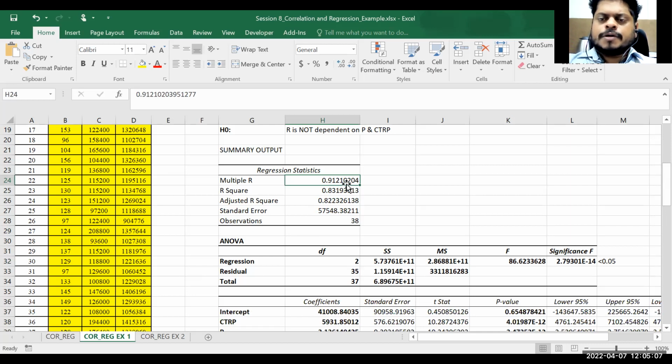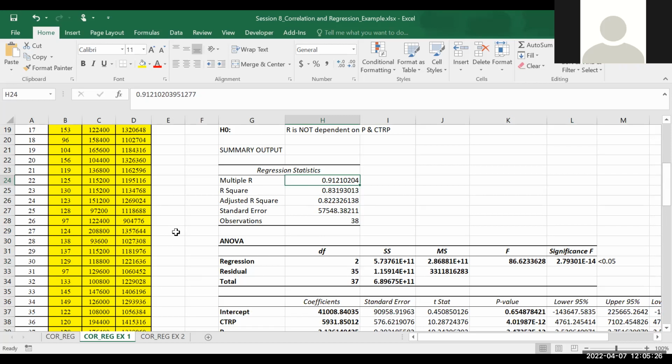If this value is coming greater than 0.05, let's say 0.2, 0.3, your R square value automatically will become very low. So you are telling that, okay, I'm building a model, but I can only explain 20% of the variation in revenue. That is a very poor model. So sir, in this case, when the F value is more than 0.05, the linear regression equation is not even able to explain the variations in the sample as well.